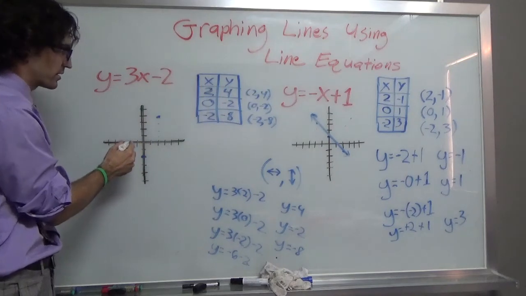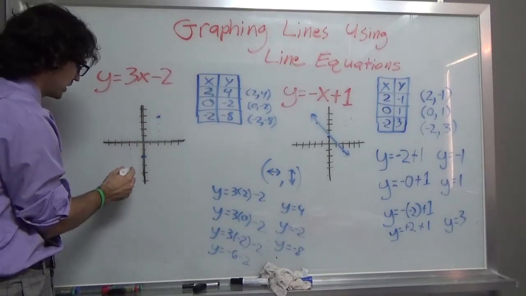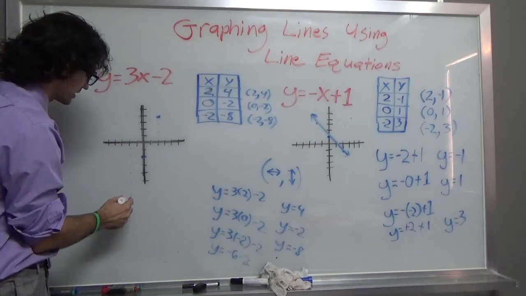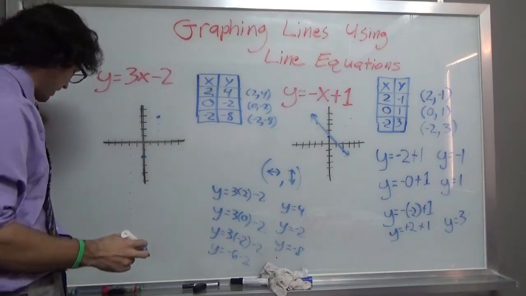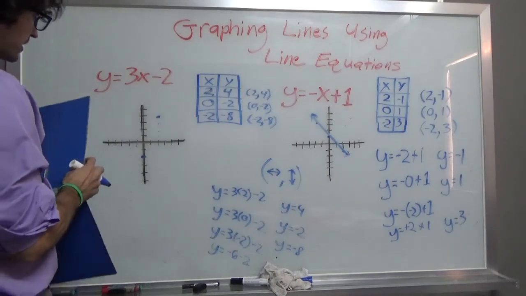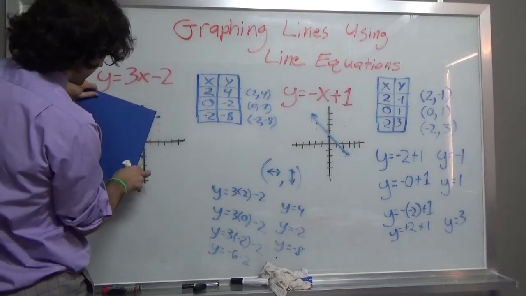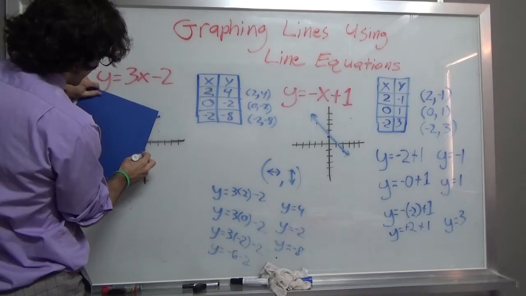There's a fly right there, startled me. And then we go down 8. 1, 2, 3, 4, 5, 6, 7, 8. We go way far down. It's off of our page, but you might still have it on your page. So this is going to be a really steep angle here.